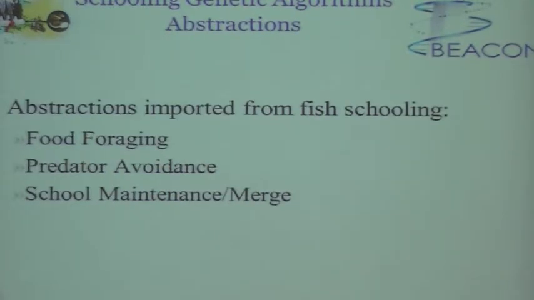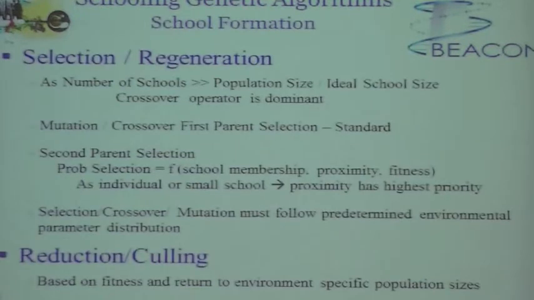The abstractions from fish schooling that I am implementing in SGA are food foraging, predator avoidance, and school maintenance or merge. How are those abstractions working? For the selection of regeneration, I have developed a non-parametric clustering algorithm.